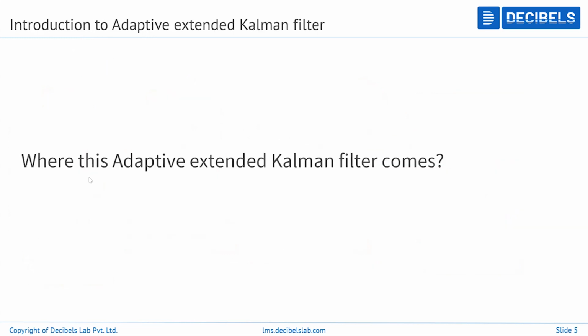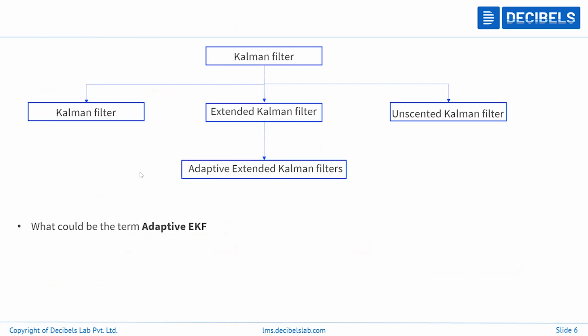So what exactly does the adaptive extended Kalman filter do? Here it updates Q and R, so they are dynamic in nature. They will be updated for every cycle of estimation. Let me show you what the difference could be.